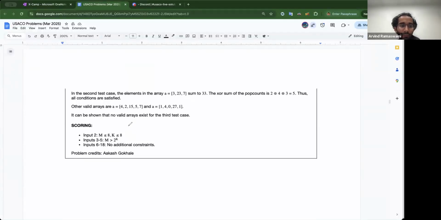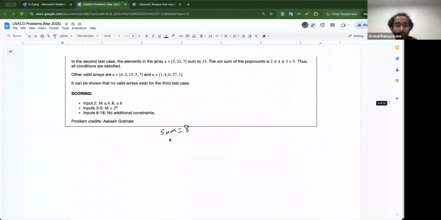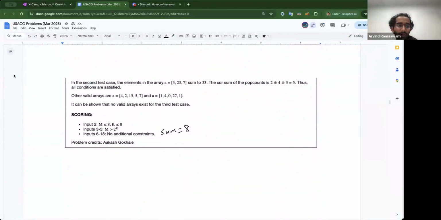For the first subtask, you have m up to 8 and k up to 8. So you can kind of brute force, right? You can try all the different combinations of numbers that sum up to 8, and something like this should work.